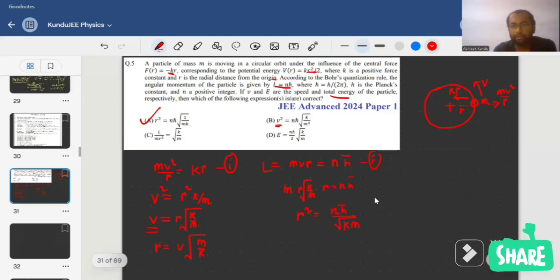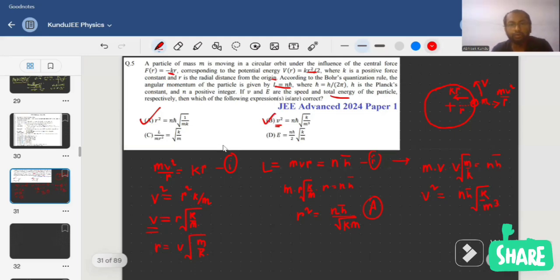If we put r in the angular momentum equation, option A is done. So we put r, m, v, r is v into m by k, equal to n h bar. So what is the value of v square? v square we are getting as n h bar, k goes to the numerator, and m becomes m cube. So see, the second option is also correct.